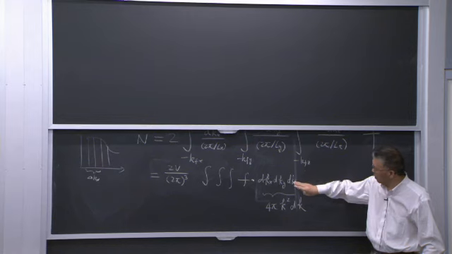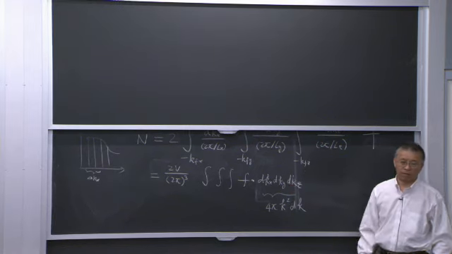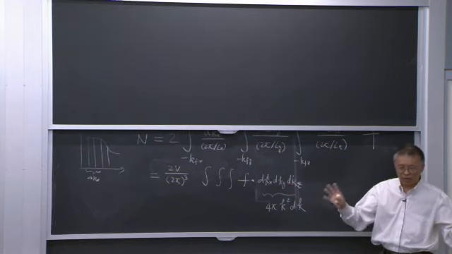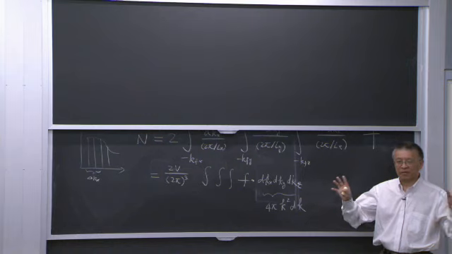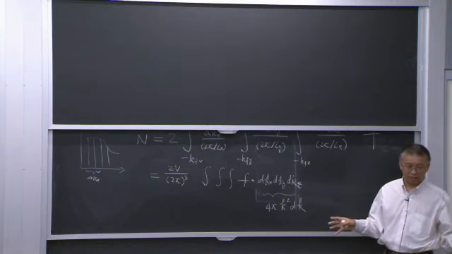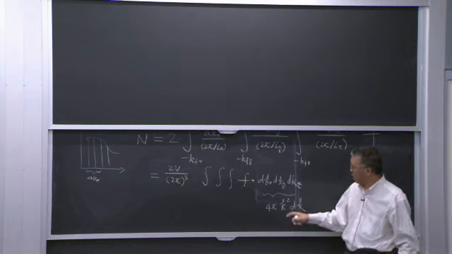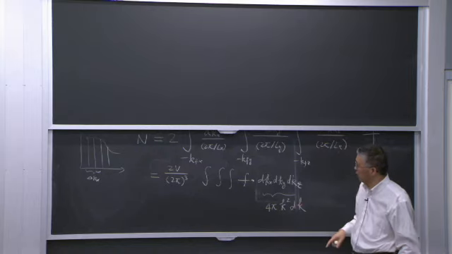Translating from Cartesian into spherical. Everything up here is math. But what's amazing is this is such a convenient concept to talk about, right? So here is 4 pi k squared dk.